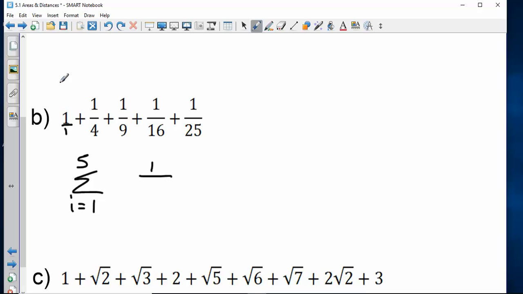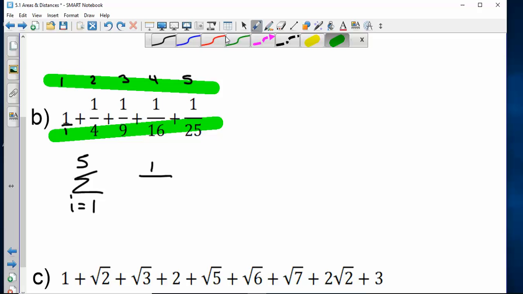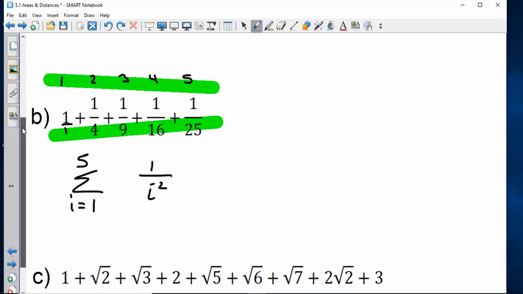So keep in mind, the first term is when I is 1, 2, 3, 4, 5. So look at how your denominators are related to your I's. What is it? I squared.